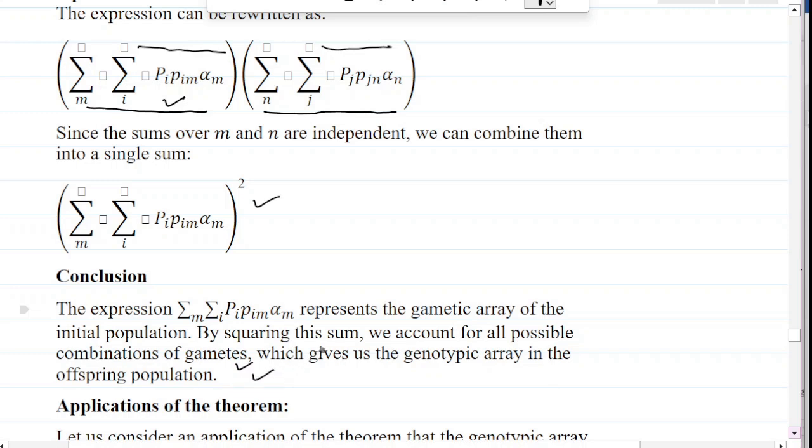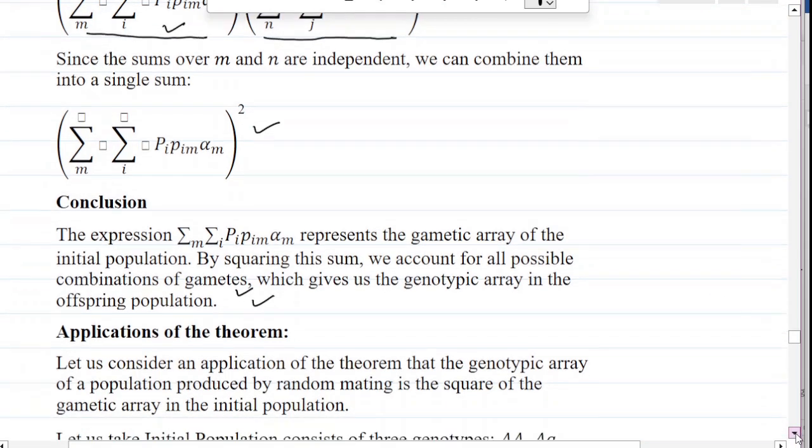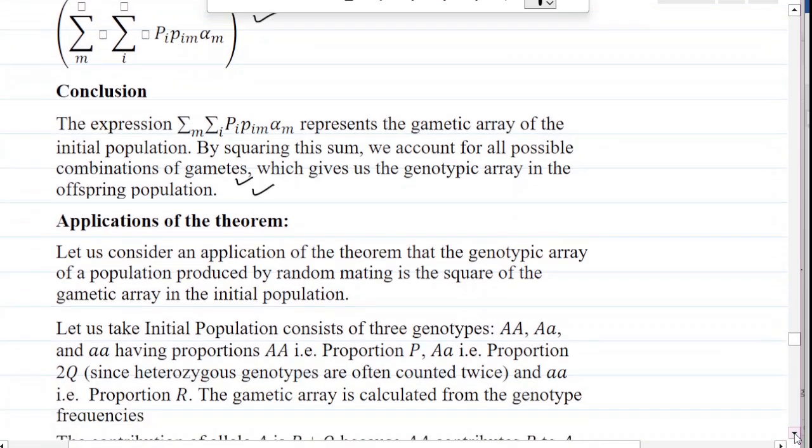So you can say the genotypic array of a population is the square of the gametic array in the initial population. So let us discuss some applications of this theorem.